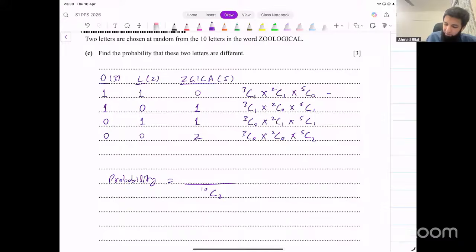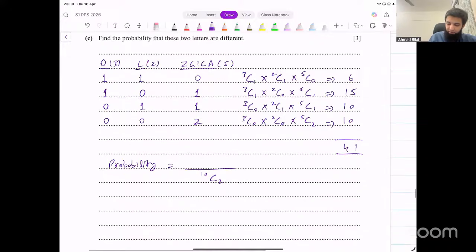Okay. What do we get from this? The first one, 3 into 2, that is 6. The second one, 3 into 1 into 5, that will be 15. Third one, 1 into 2 into 5, that will be 10. The fourth one, 1 into 1 into 10, that will be 10. Add up all of these numbers. You get 35 plus 6, which is 41, right? Yeah, 41.